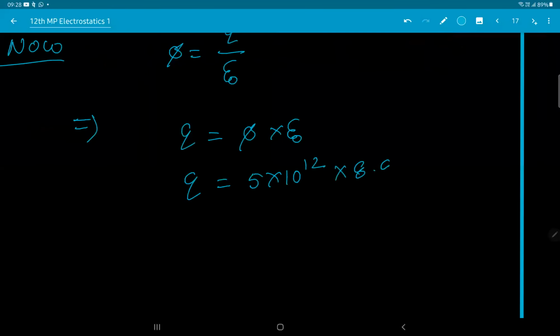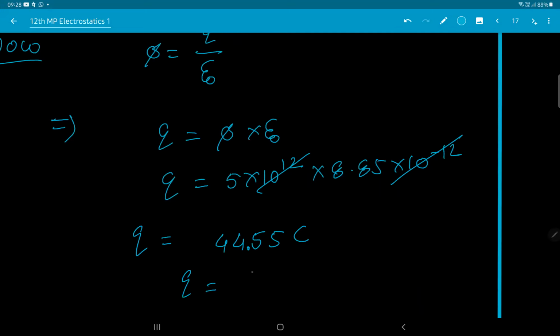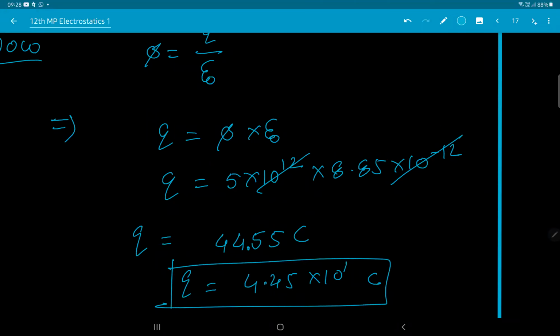Into 8.85 into 10 to the power minus 12, cut these. Q is equal to 5 times 8.85, which is 44.25, so Q equal to 4.45 into 10 to the power 1 coulomb. So you got what I am saying?